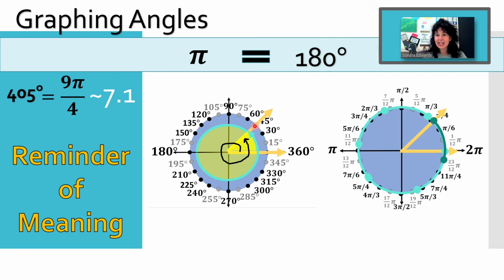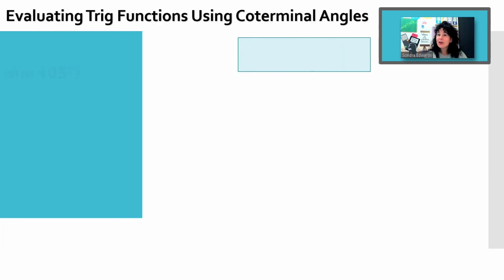So let's take a look at an example of using a coterminal angle to evaluate a trig function. We're going to evaluate the sine of 405 degrees using this coterminal angle.